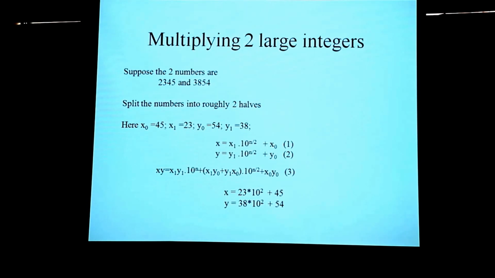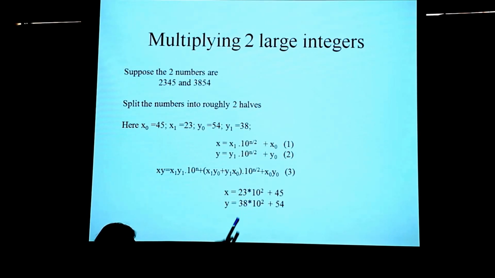We can write this as 23 into 100 plus 45, and y as 38 into 100 plus 54. Simple. So the power is n by 2, n is 4, and in general you can write it like that.